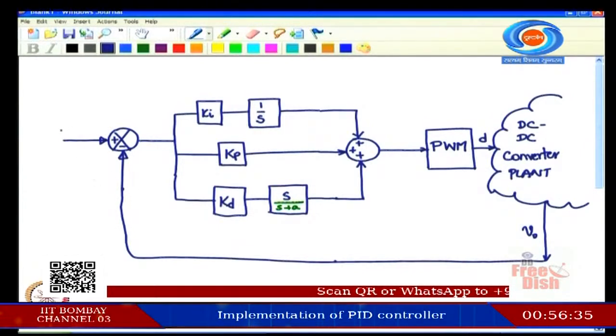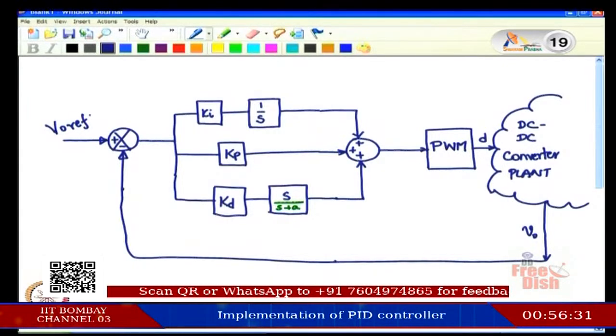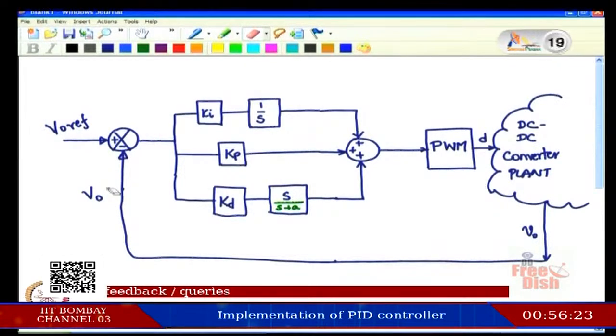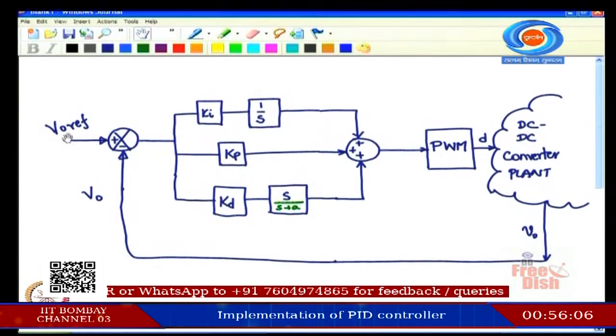Let us say this is V naught reference, V feedback, V naught feedback, or just V naught, so that you have less number of subscripts to worry about. So, we had in the last class mentioned that this is the reference, it could be any reference, current reference, voltage reference, depends upon what you actually want to control.